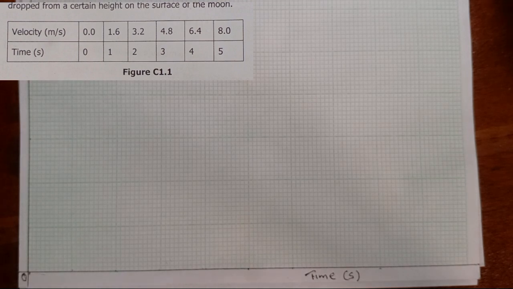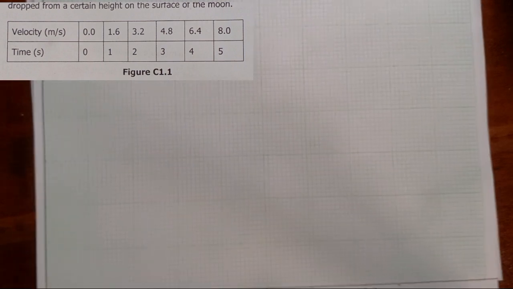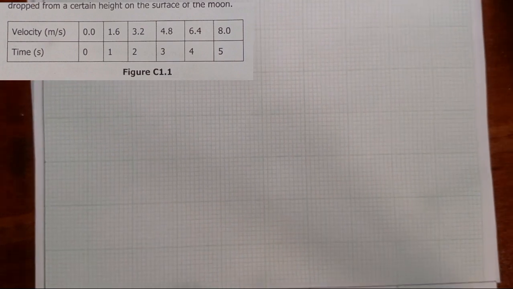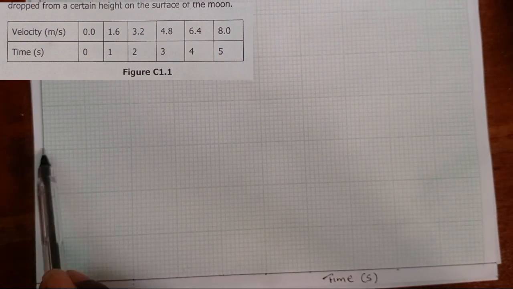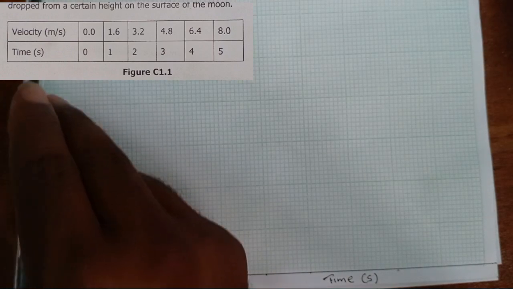From here, I can say this is 2 centimeters, 4 centimeters. What about 4 centimeters to 1 unit? That is 1, 2, 3, 4, 5. That's good. Then the y-axis is 0 to 8, so there I can have 1, 2, 3, 4, 5, 6, 7, 8.